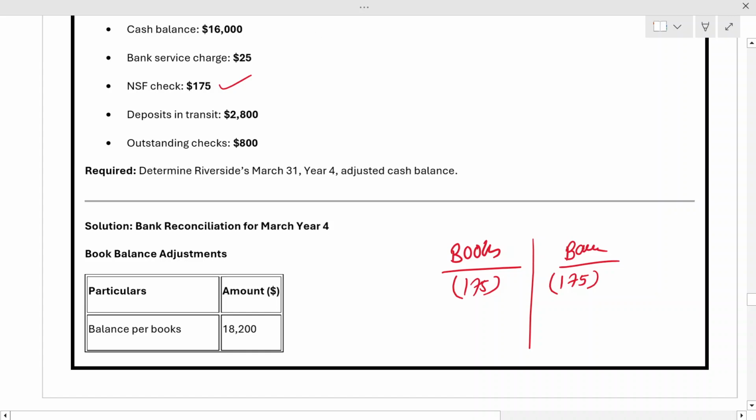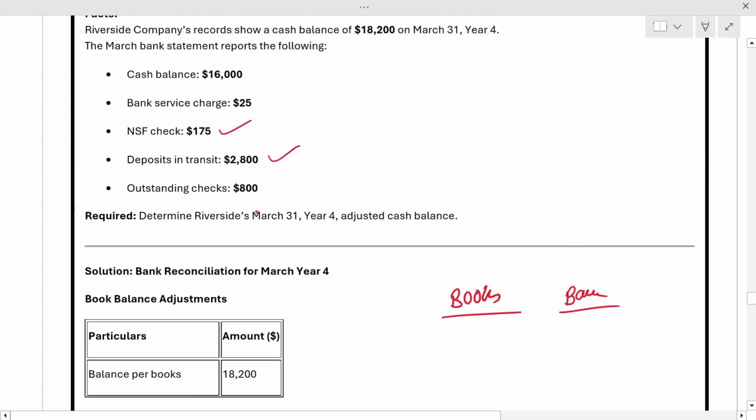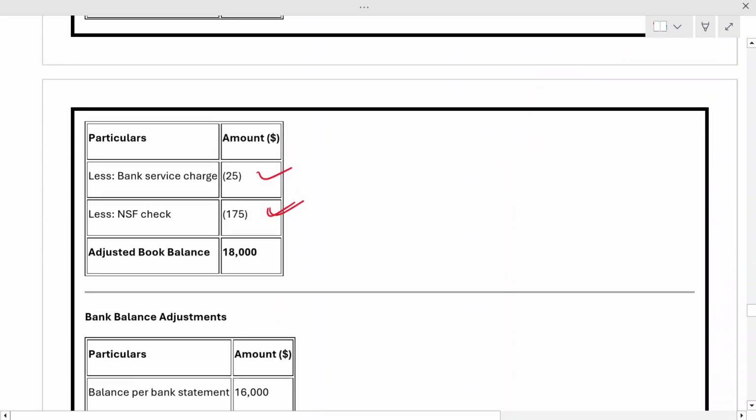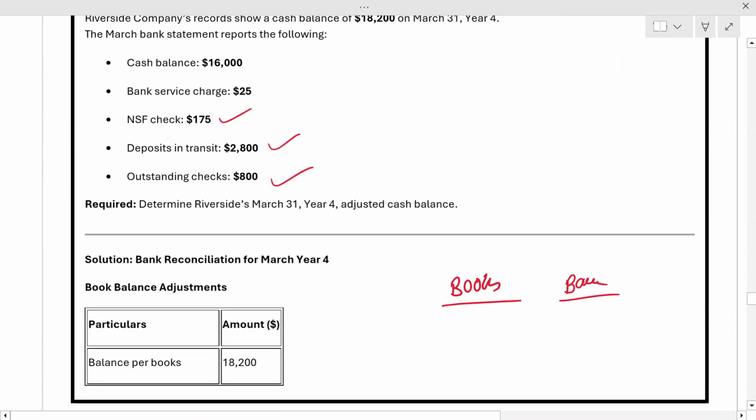Now once you are done with that, what are the other items? One is the deposit in transit and another is outstanding checks. Once you have adjusted the items above, there are no other items left which relate to the bank. Only these two transactions are left. The deposit in transit is something the bank is not aware of; this transaction has not happened in the bank.